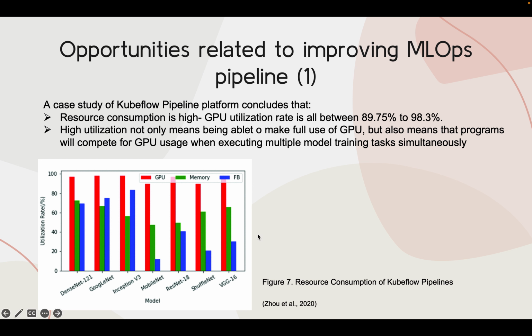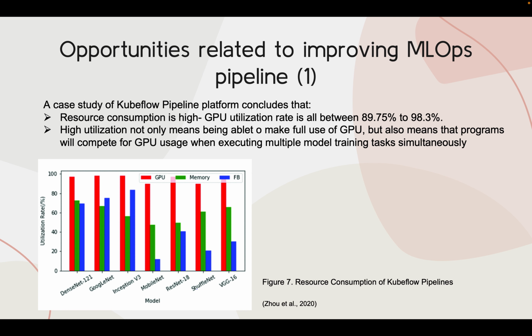As shown in the figure, the average GPU utilization rate, which is shown in the red bar, is all between 89% to 98% with little distinction, even when we are training different models. On the horizontal row are different models. So this means there's a high utilization of GPU.